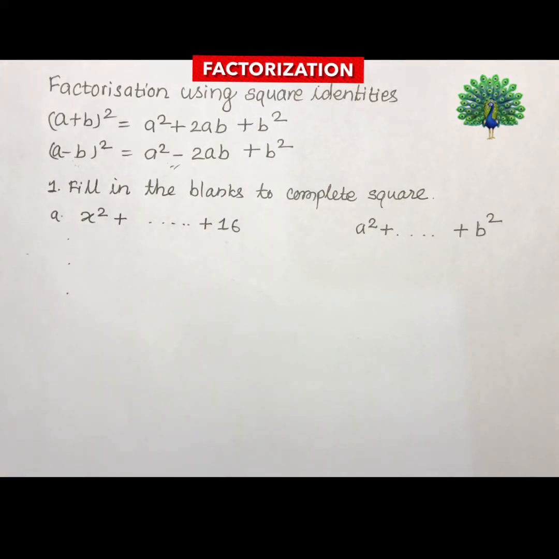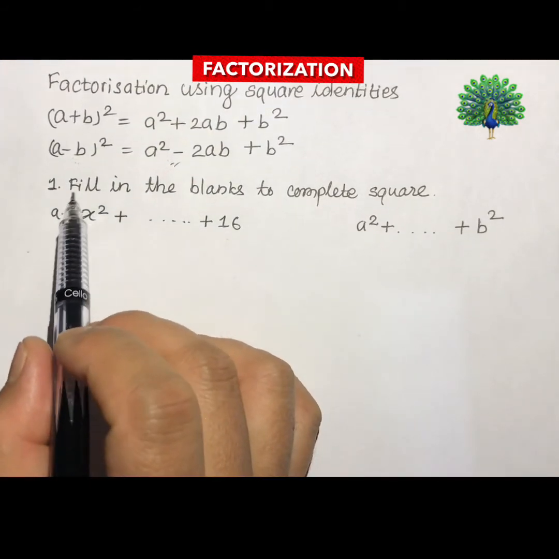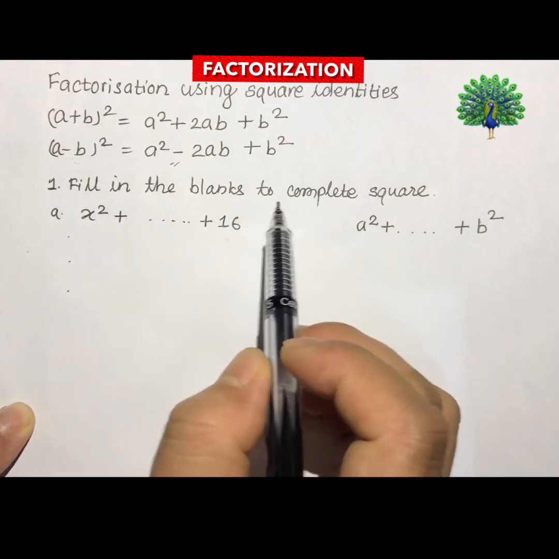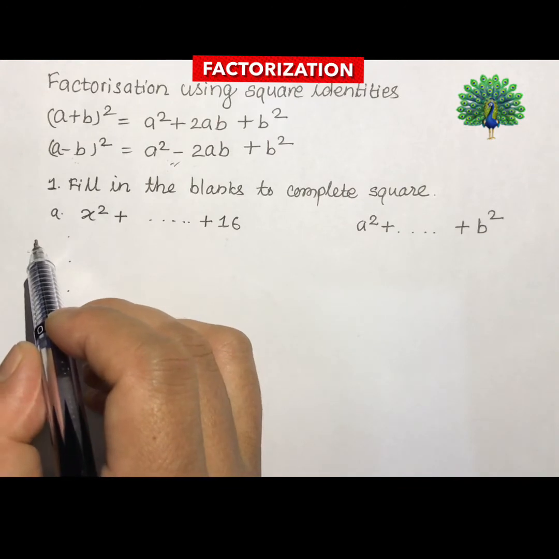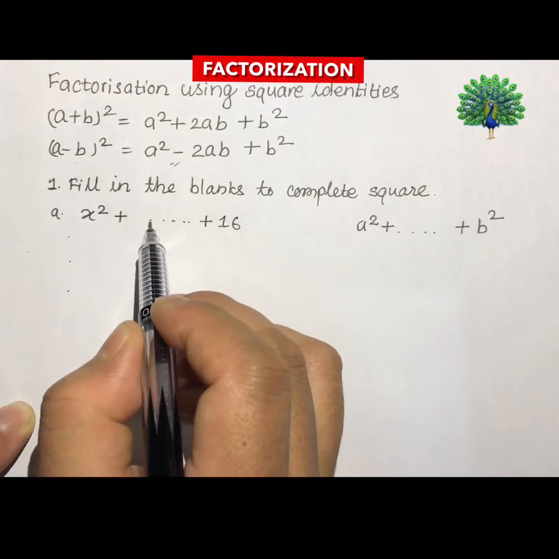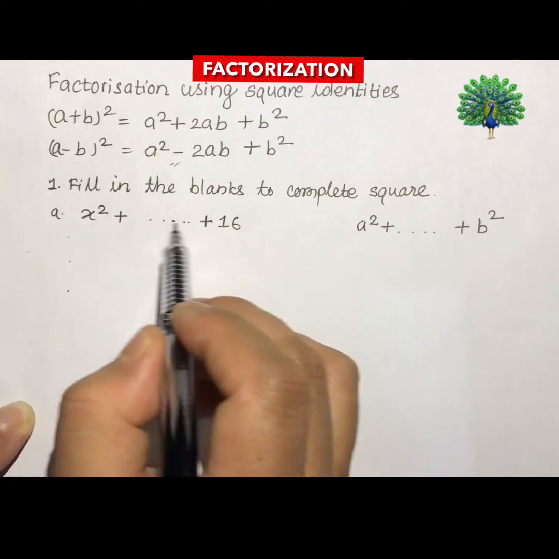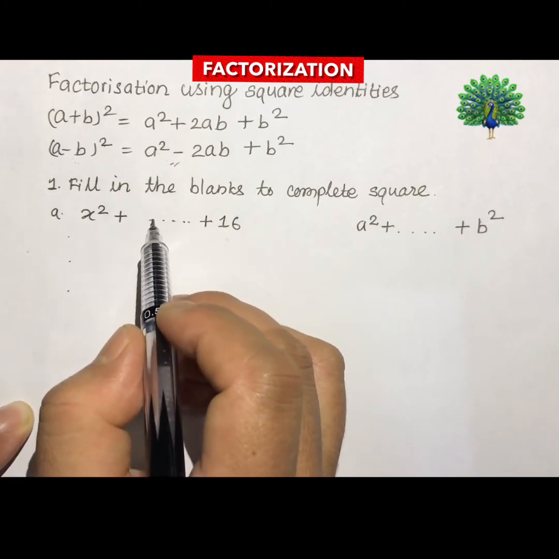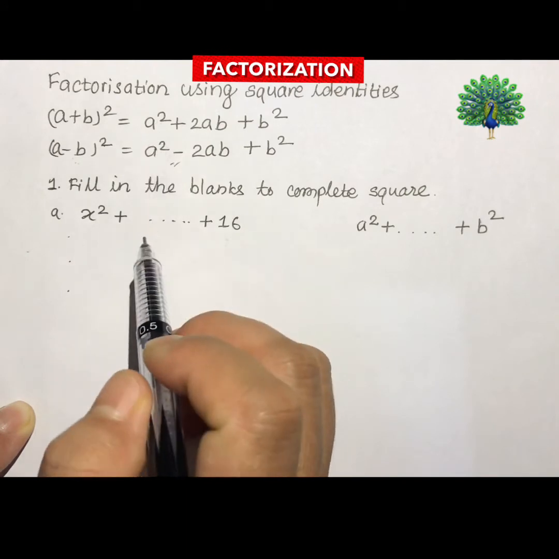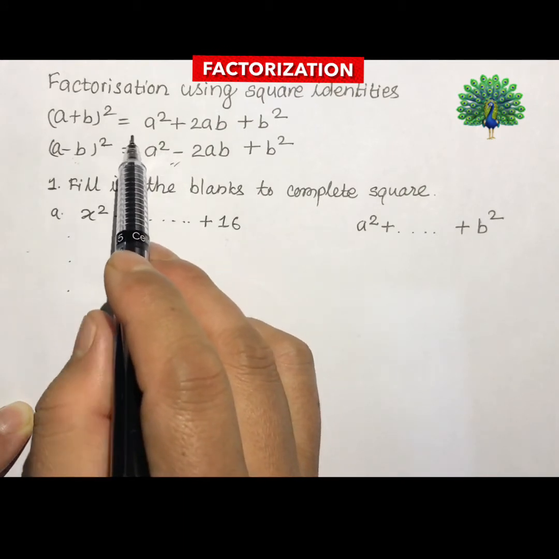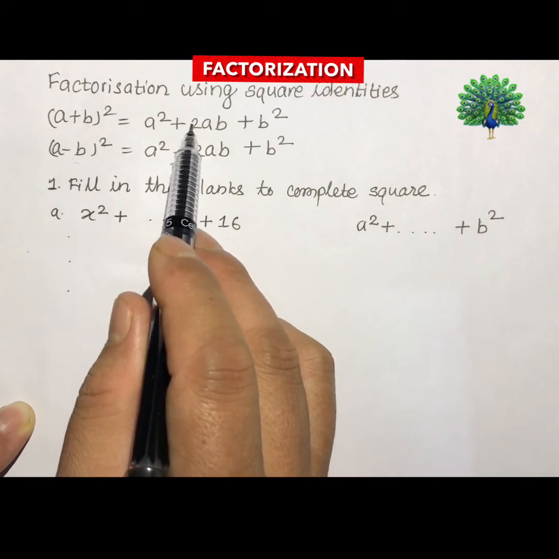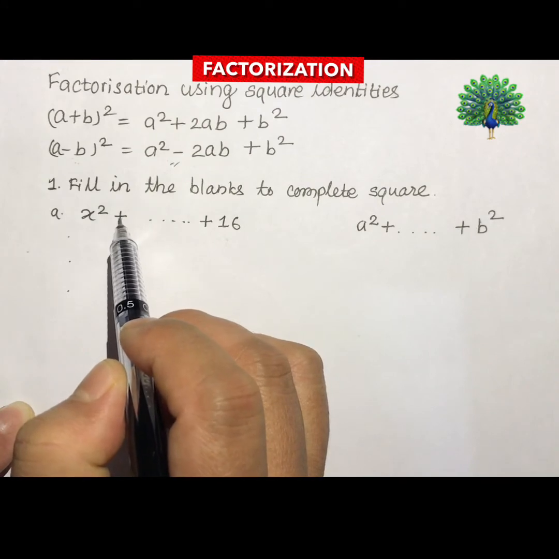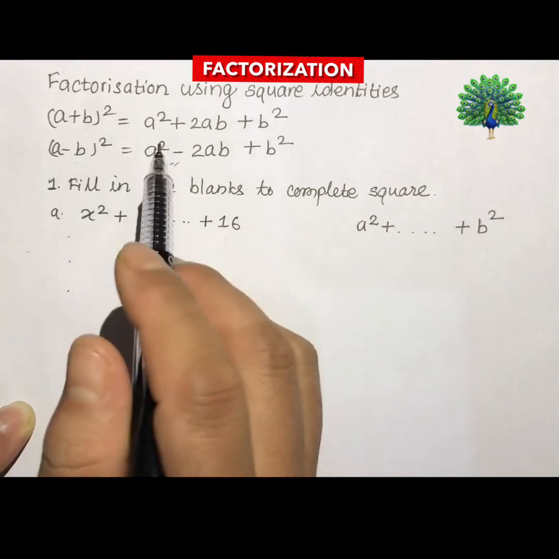Okay, now let's start with the question. Fill in the blanks to complete the square. What should we fill in the blanks so that these terms become a square? For this one we will use this formula. Which of the two formulas do we use here? The second term is plus, so we have to use this formula.